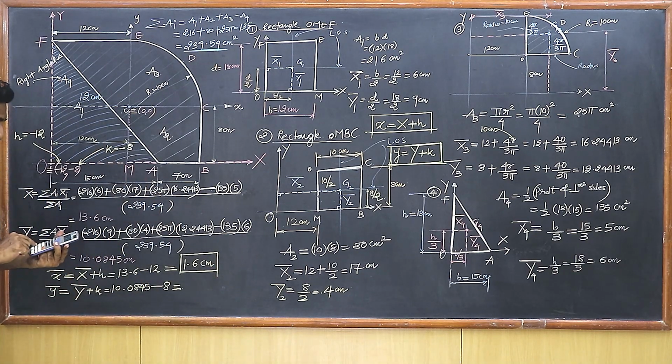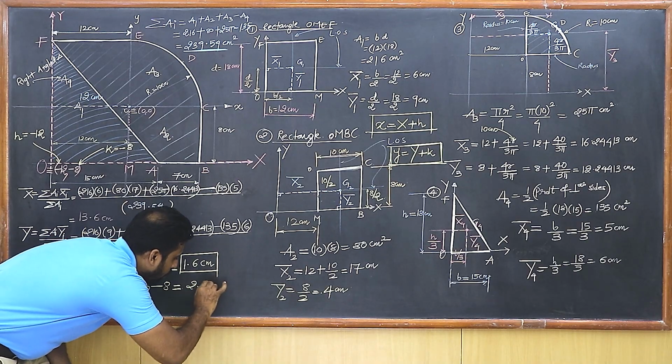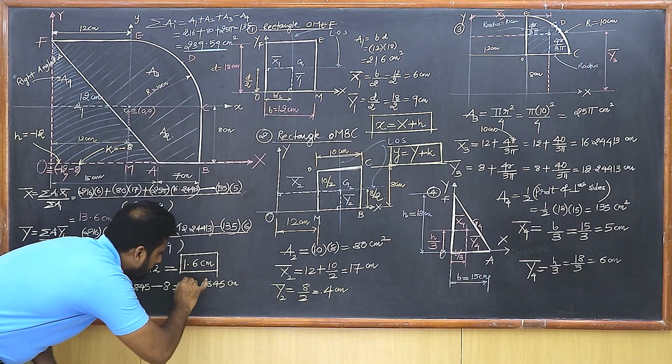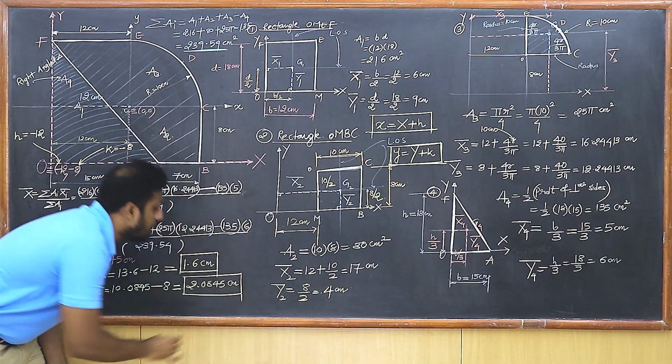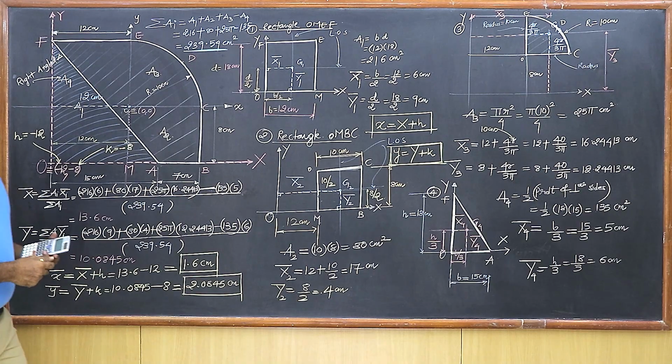And likewise, I want to do 10.0845 minus of 8. That gives me 2.0845. So that's 2.0845 centimeters. So these are the values of x bar and y bar.